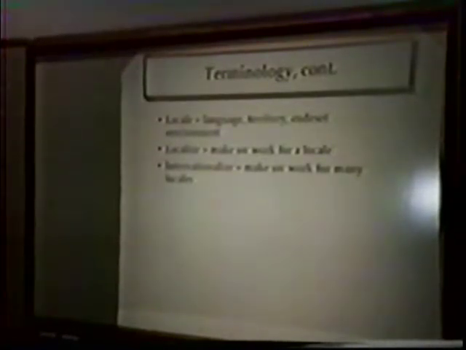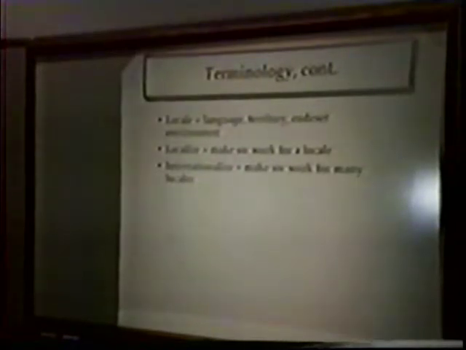An example of a language, territory, and code set would be the English language in the United States, code set ASCII. Okay, that's an example of a locale. Another example of a locale is the French language in Canada using the ISO 8859-1 code set.